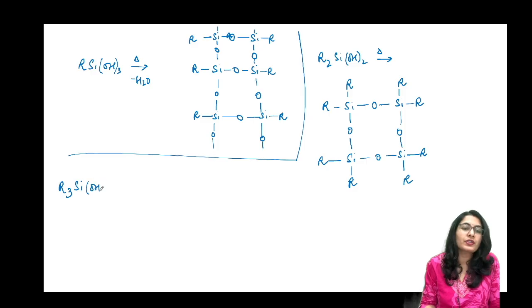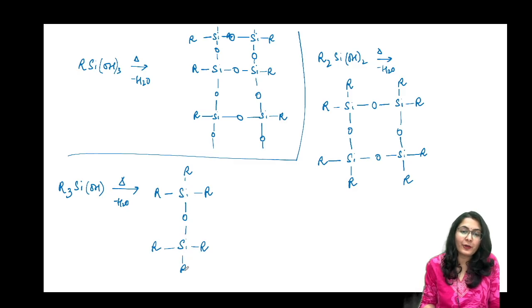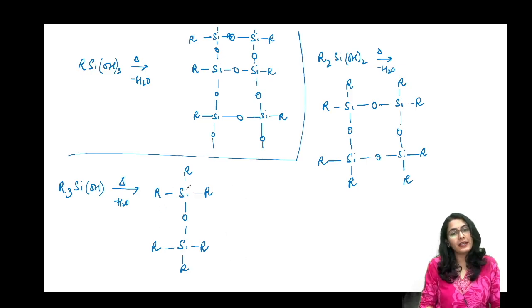What about if I'm taking R3SiOH, only one OH group, and heating it, minus H2O? What is that going to give you? Three side alkyl groups are present. That means only a dimer is possible. Only a dimer is possible, nothing more than this. Okay.